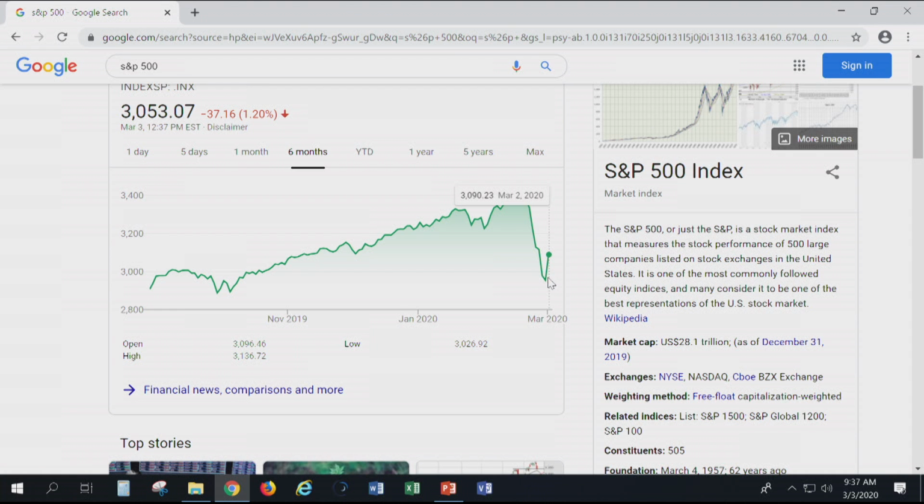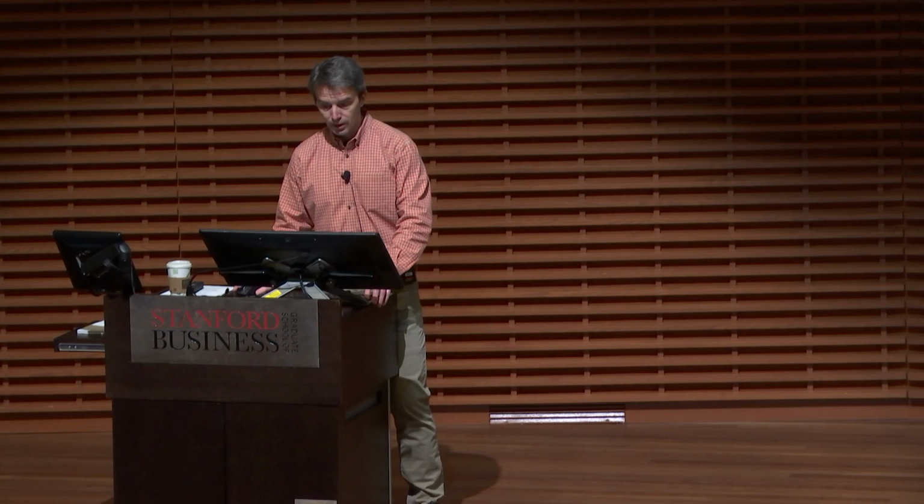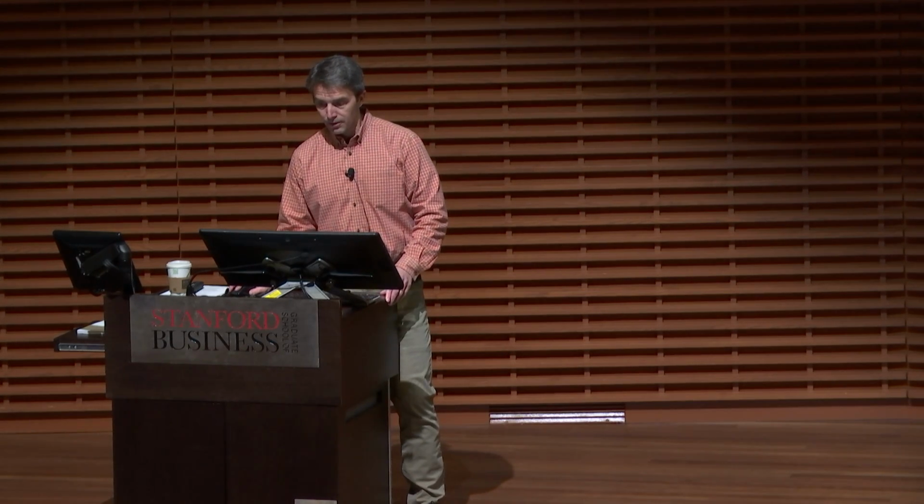It's come up a bit since then, but one of the things policymakers are very worried about is whether that massive decline in financial wealth of 15% is going to cause people to pull back on their consumption spending, and that could lead to basically a leftward shift of aggregate demand.